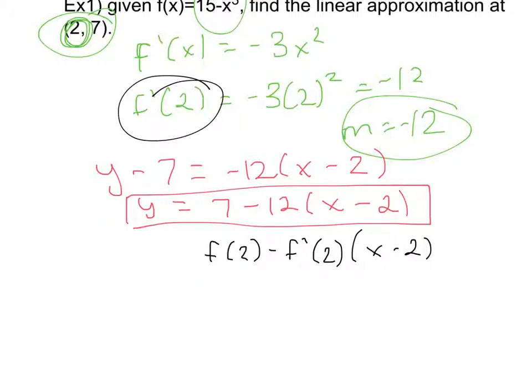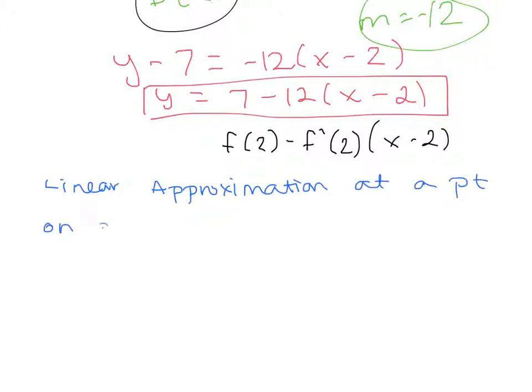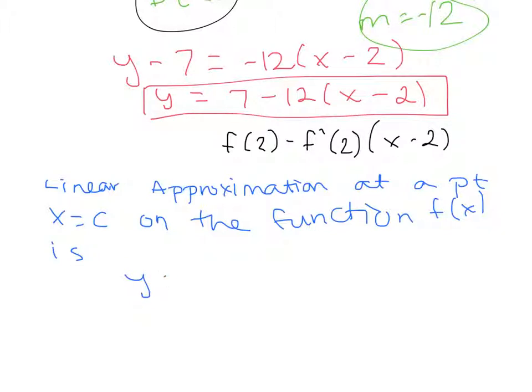So if we were to write this out more broadly, we would say the linear approximation at a point x equals c on the function f of x is y equals f of c plus f prime of c times x minus c.